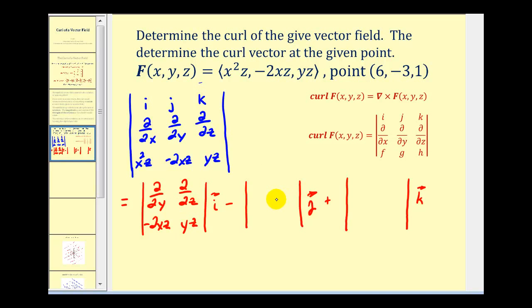Here we'll eliminate row 1, column 2. So we'll have the partial derivative operators with respect to x and with respect to z, and we'll have x squared z and yz. And here we'll eliminate row 1 and column 3.